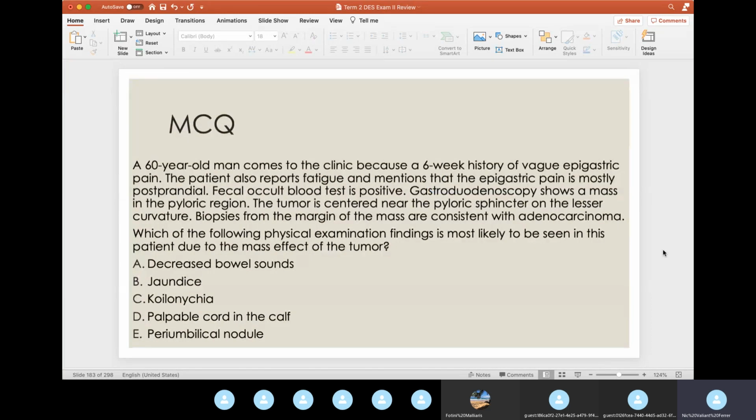Any questions? No. Oh, by the way, about porphyria, the last one. What's the difference between acute intermittent porphyria and porphyria cutanea tarda? How are we going to differentiate them aside from the enzyme that's deficient? Which one is porphobilinogen deaminase?